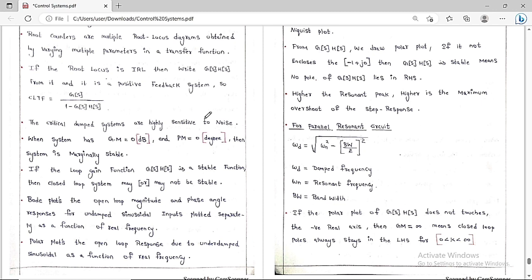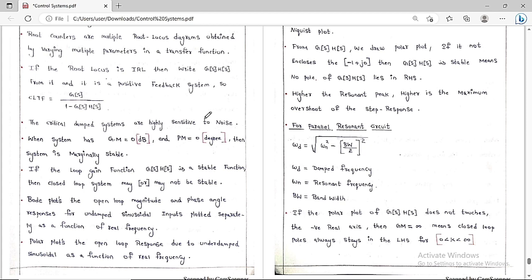So these are also very highly sensitive to noise. When zeta is equal to 1, we say critically damped, and this critically damped response is very sensitive to noise.